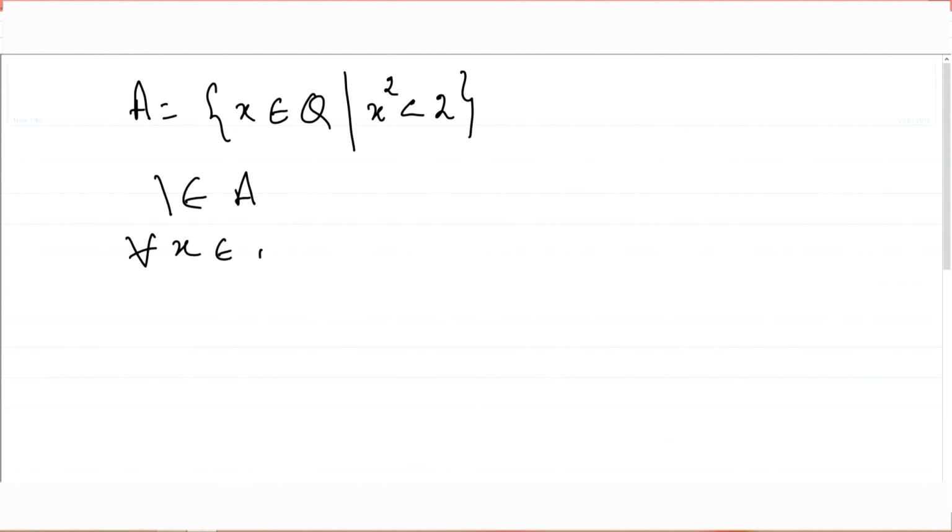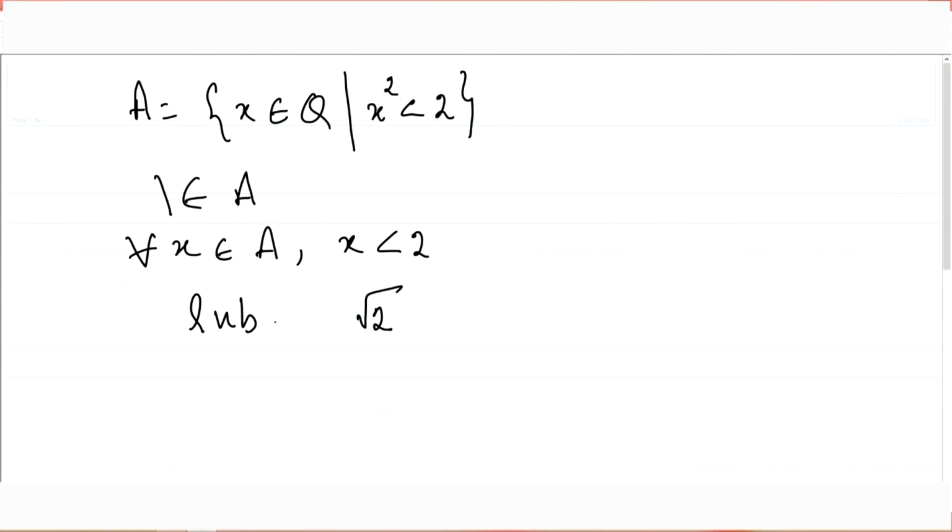So, for every x in this set A, you have x less than 2. So, the set A is a non-empty subset of real numbers R, and it is bounded above by 2, and therefore, it has a least upper bound. What is that real number? It must be root 2.